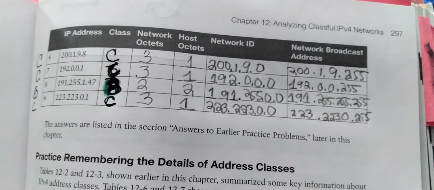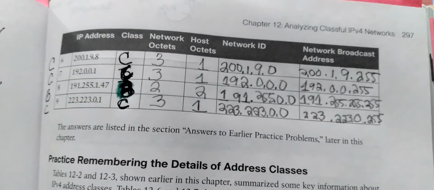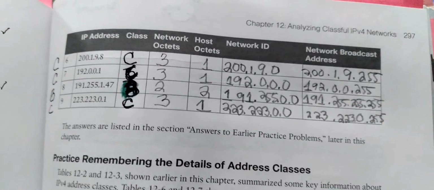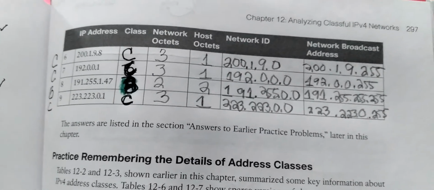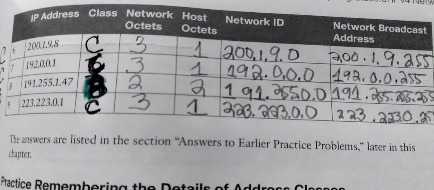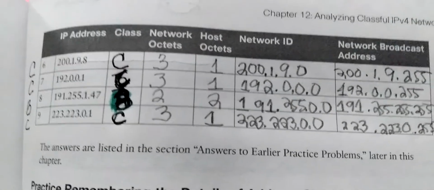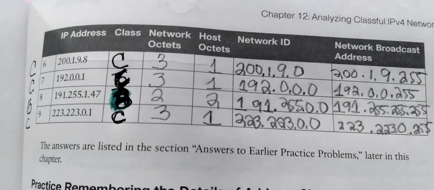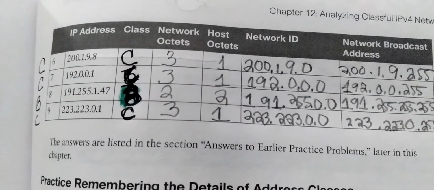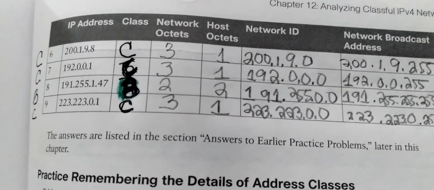This value sometimes gives people problems because they are used to thinking that 255 somehow means the number is a broadcast address. But this is not the case here, as you can see. The broadcast address, found by changing the 2 host octets to 255, is 191.255.255.255.